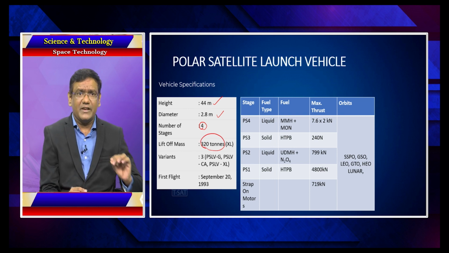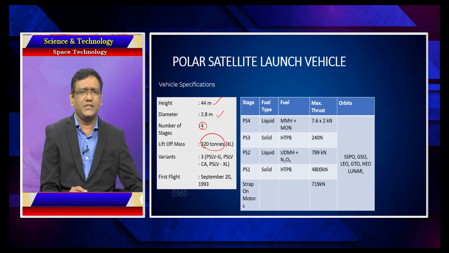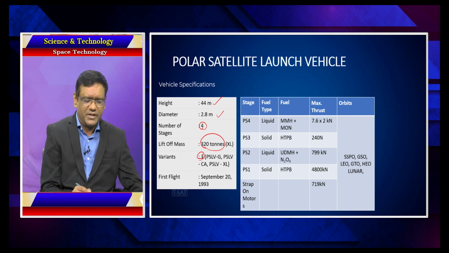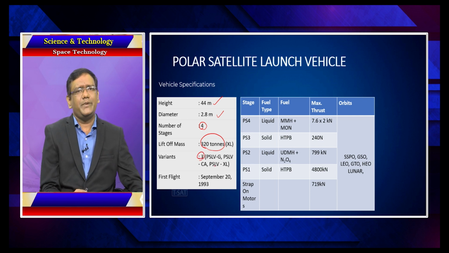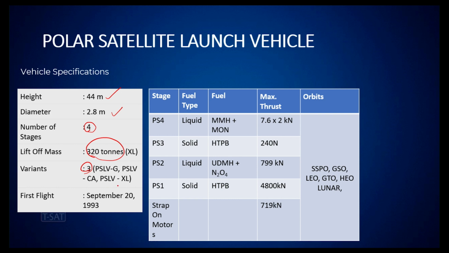This Polar Satellite Launch Vehicle has variants. We have 3 variations, that is PSLV-G, PSLV-CA and PSLV-XL. The first flight it took was on September 20, 1993.